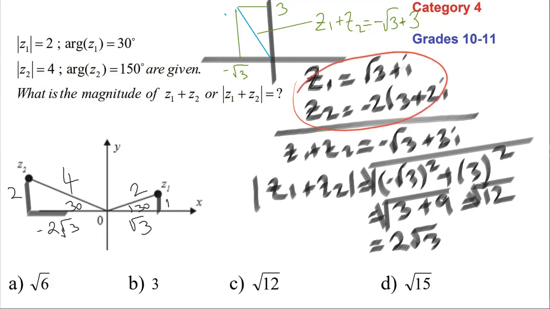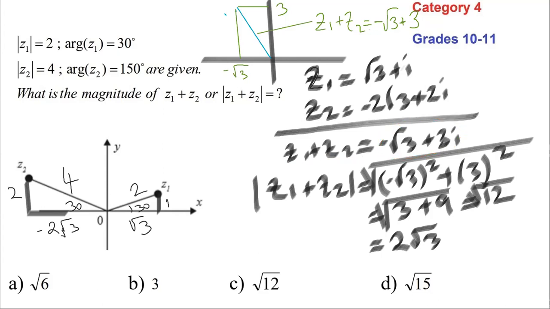Now we have written both of them. We need to find the sum first, then we will find the magnitude. If we add these two, they are like terms, negative root 3, and if we add these two, 3i. So the total of z1 and z2 is this one.